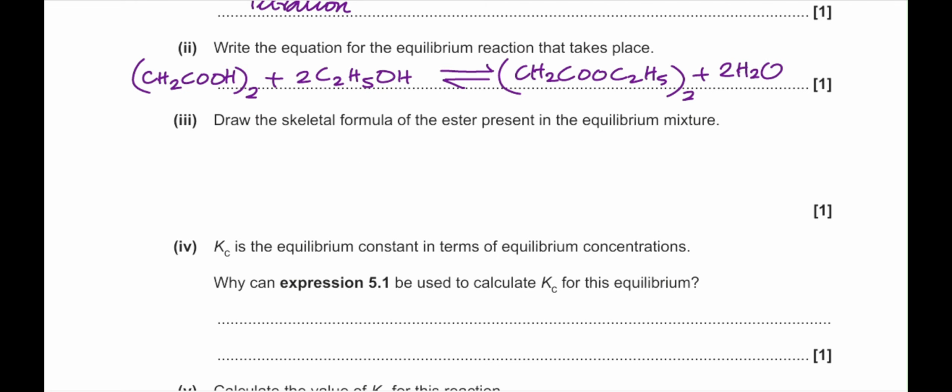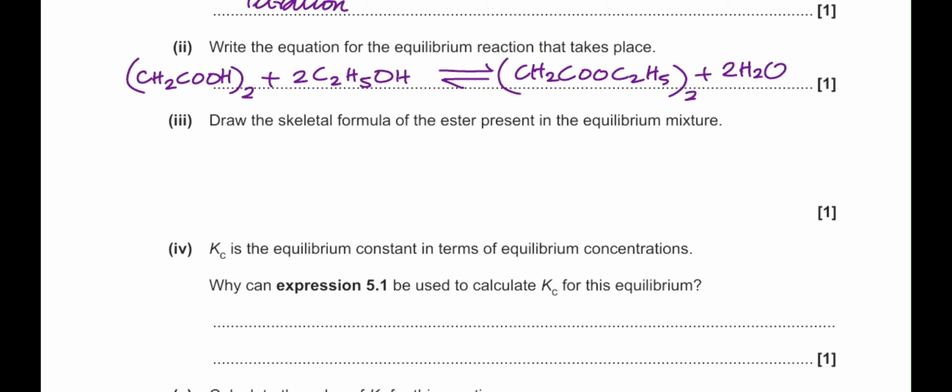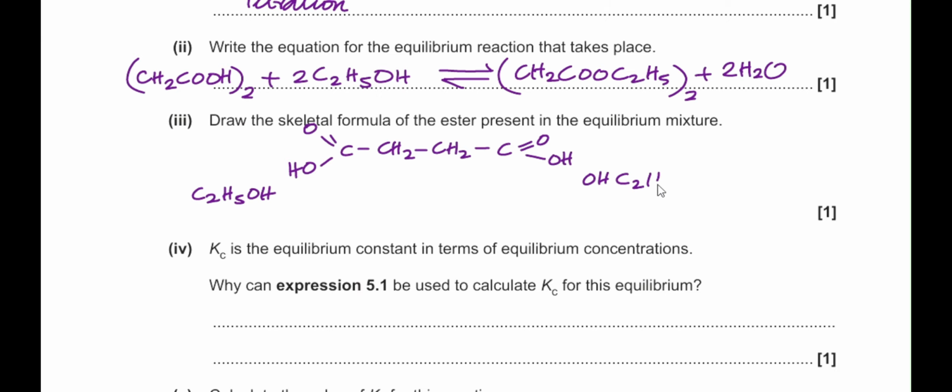Next question. Draw the skeletal formula of the ester present in the equilibrium mixture. First, let us draw the structural formula of the ester and then convert that into skeletal formula so that you will know what's going on. So the succinic acid part is CH2, CH2, C double bond O, OH, and here C double bond O, OH, and we have got C2H5OH here and another unit of C2H5OH.